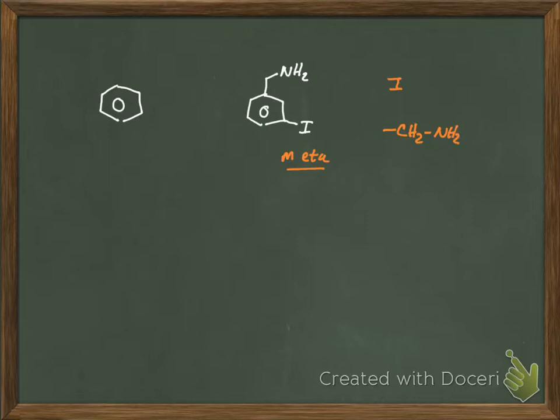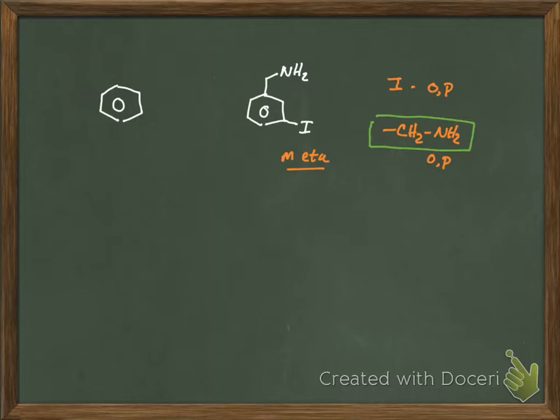So, the iodine here, hopefully you can all recognize, is an ortho-para-director, as is the CH2NH2, although it's really weak. The thing I would like you to take note of here is you know how to iodinate a ring. In fact, you know a couple ways. You know how to put on a CH2NH2? I didn't think so. So the question is, how do we do this?